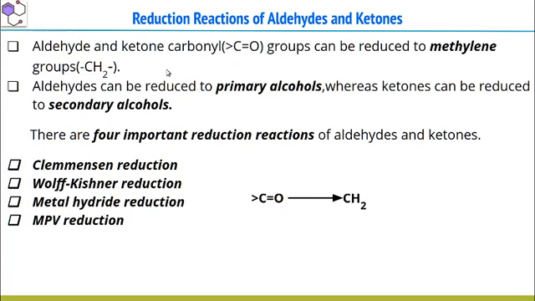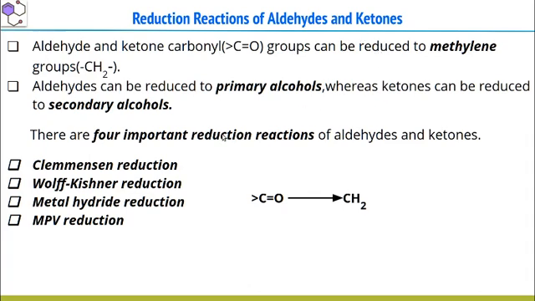Methylene means CH2 groups. The other reaction is that aldehydes can be reduced to primary alcohols, whereas ketones can be reduced to secondary alcohols. These are the main two reactions that occur.